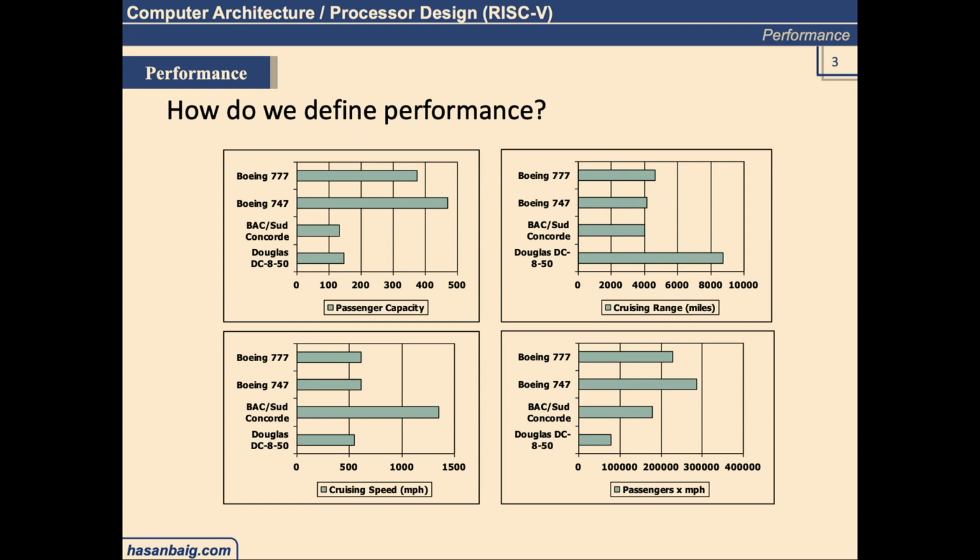You can say that a certain plane is faster if it is carrying only one passenger from one end to another in a minimum amount of time. Or we can also say that a plane would be considered faster if it is carrying 450 or more passengers in a minimum amount of time.